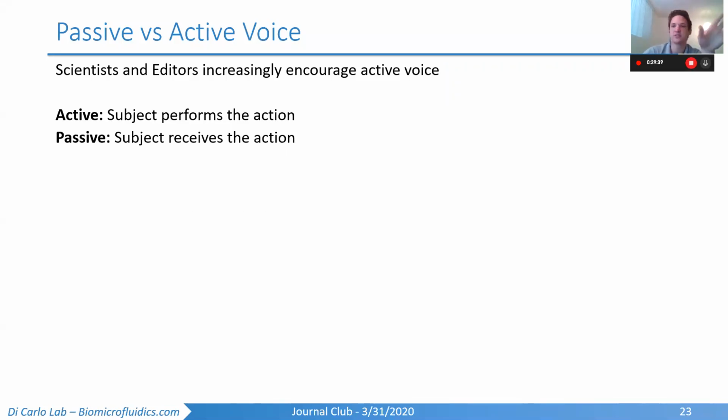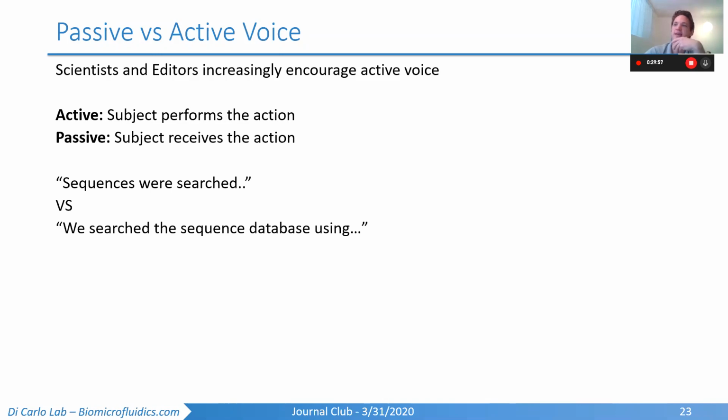So here are just some examples. This is from Kevin Plaxco's paper writing guide. Instead of saying sequences were searched, you could say we searched the sequence database using blank.